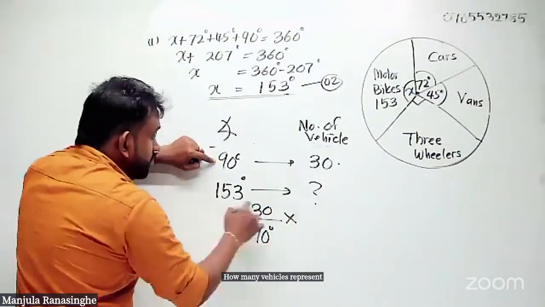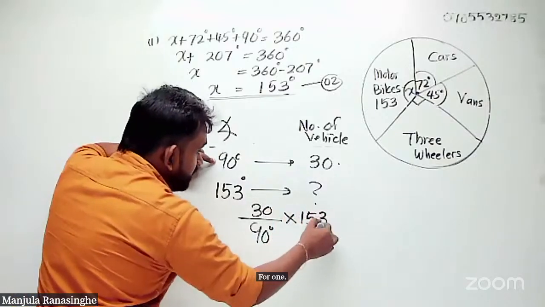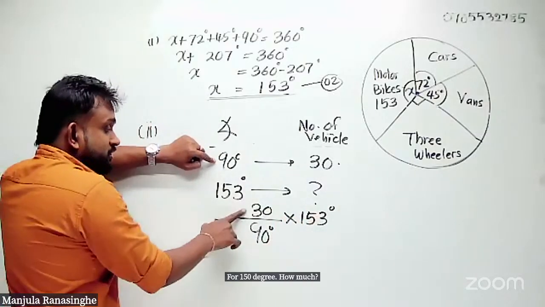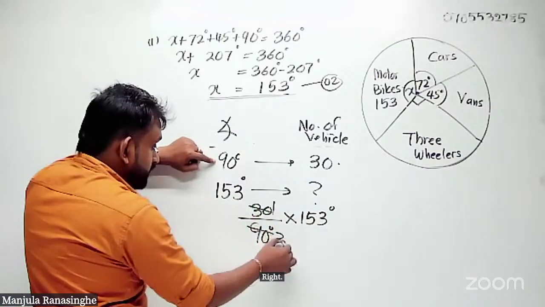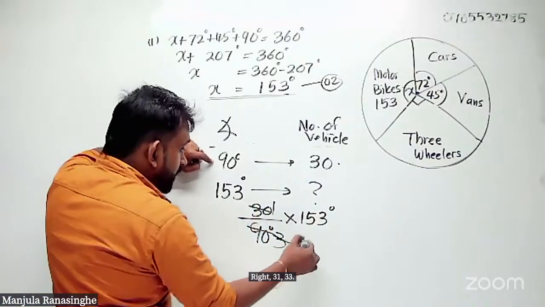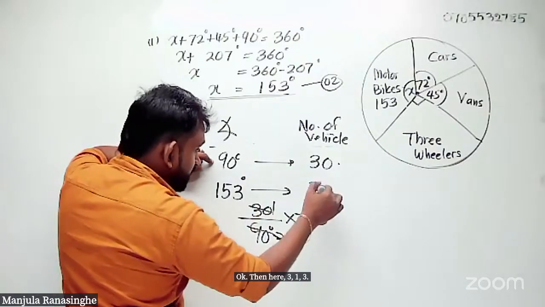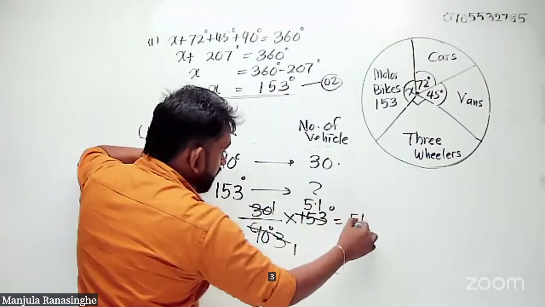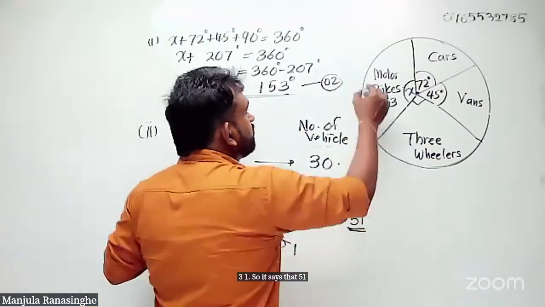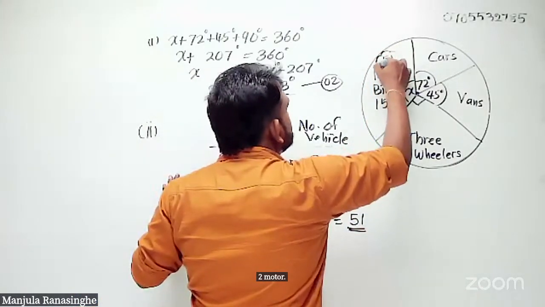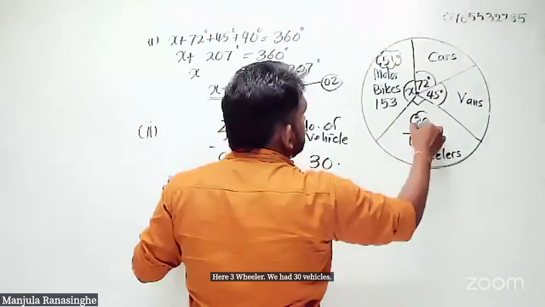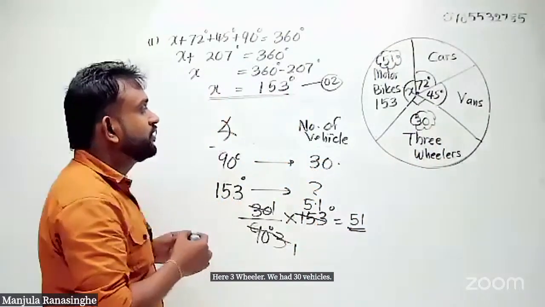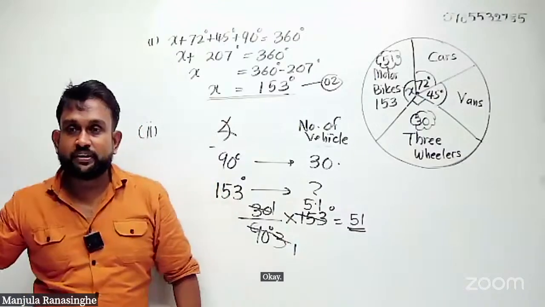If that's so, for 153 degrees, how much? So it says 51 vehicles. So motorbikes, 51 vehicles, and three-wheelers, we had 30 vehicles. Right, so 3 marks is there.